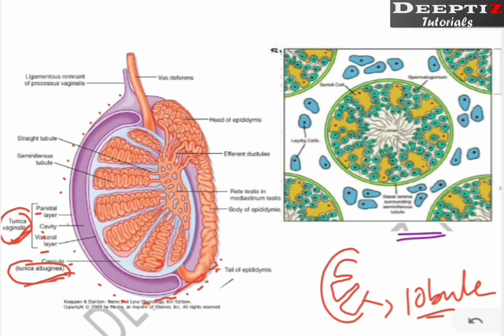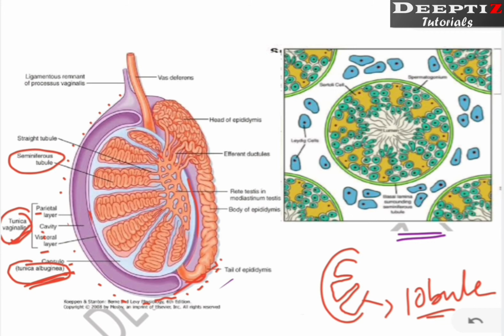Now what is there inside each lobule or compartment? This is one compartment, right? This is another compartment. Many compartments are there. How are these compartments formed? Because of this tunica albuginea, which divides the inner complete area into a number of chambers. Now each lobule consists of a tube-like structure, which we call seminiferous tubule.